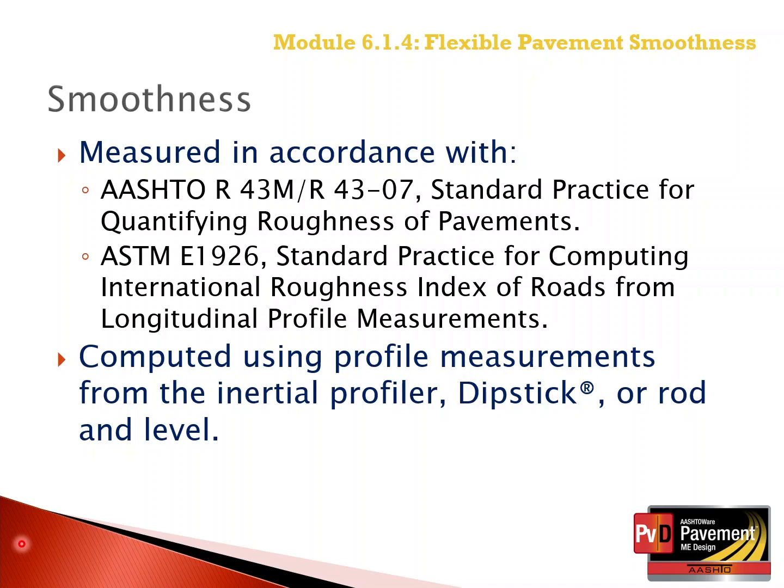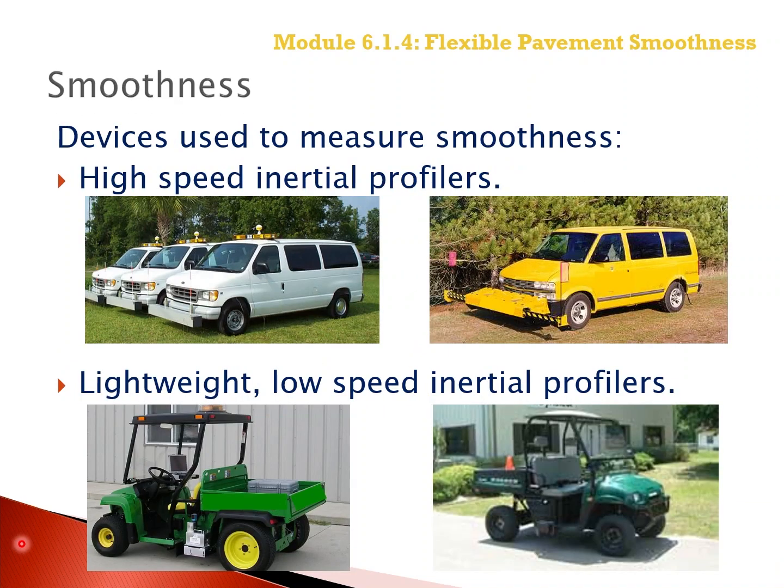The IRI is computed using profile measurements from devices such as the inertial profiler, the dipstick, and a rod and level survey. The devices commonly used to measure smoothness are the high-speed inertial profilers and the lightweight low-speed inertial profilers.